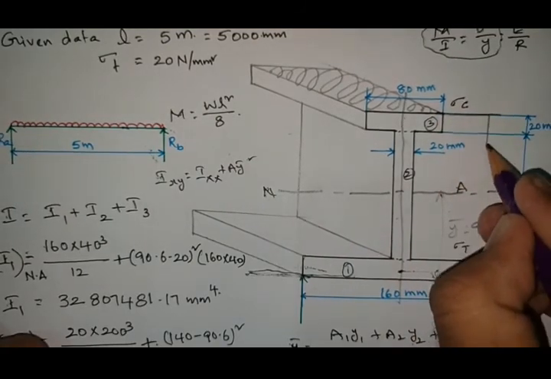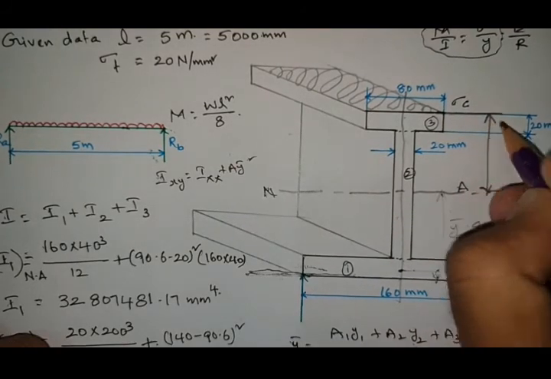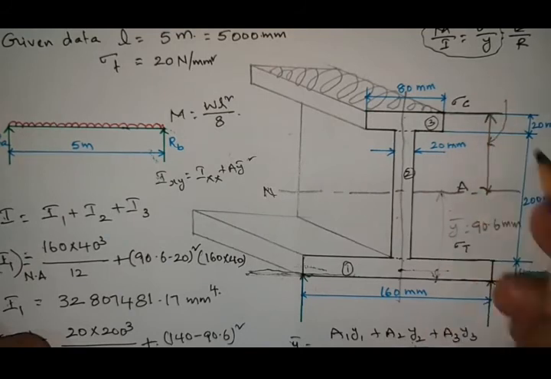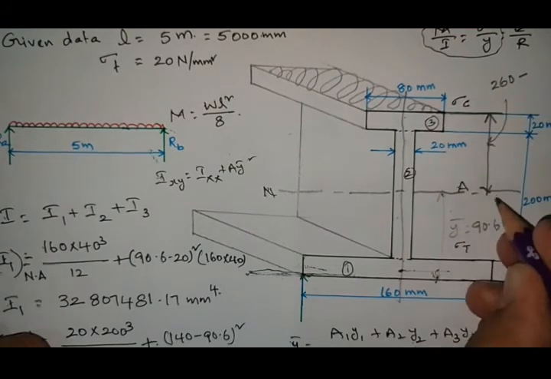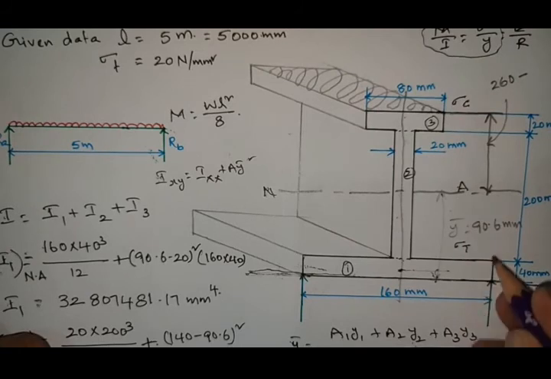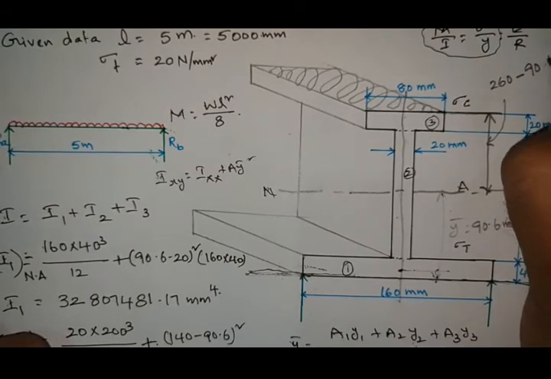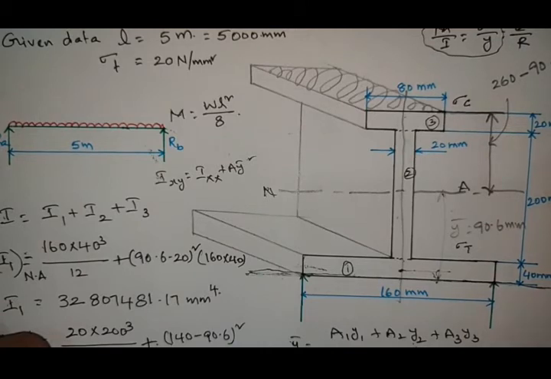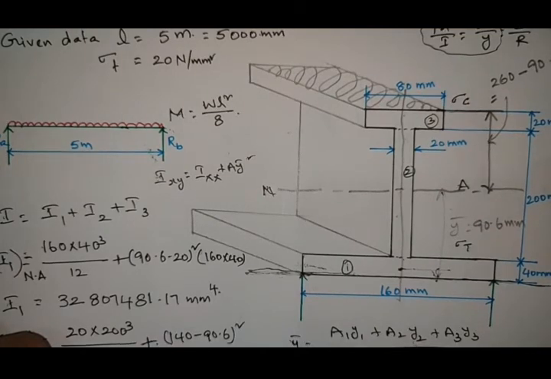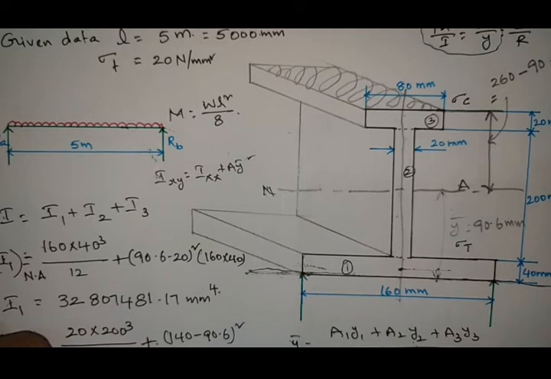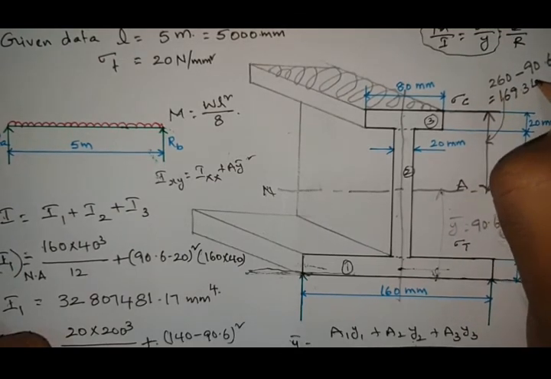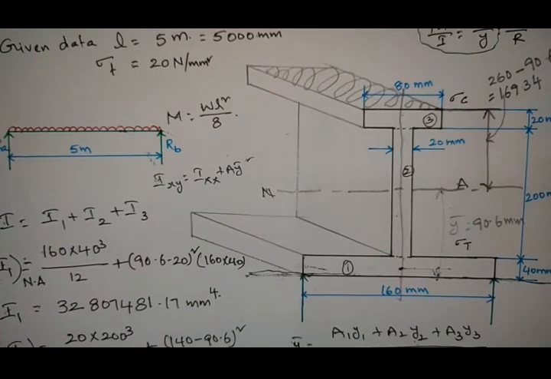The total depth is 200 plus 40 plus 20, 260, minus 90.6. If we subtract this, we get the remaining distance, which is 169.34 mm, right?